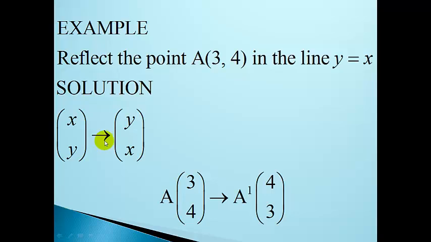Now with the point A(3, 4), according to the rule, the image of A, that is A', will be (4, 3). The positions are interchanged. So A(3, 4) maps to A'(4, 3). That is reflection in the line y equals x.